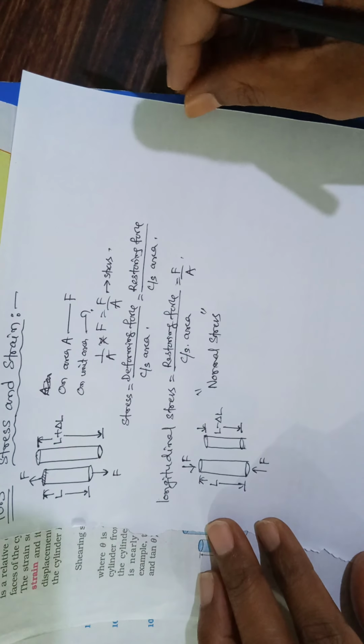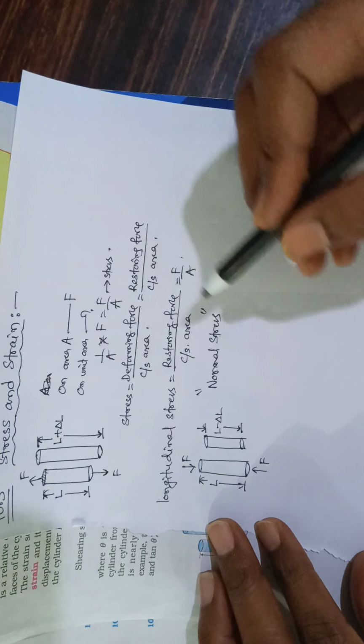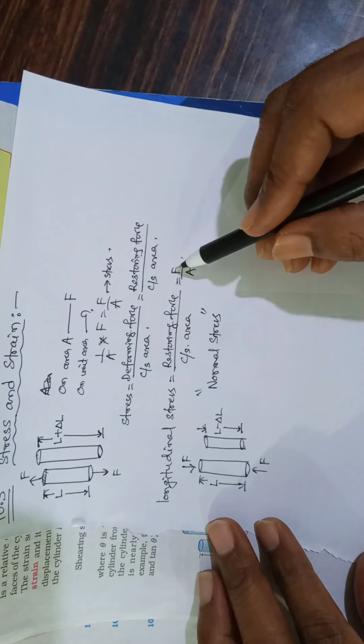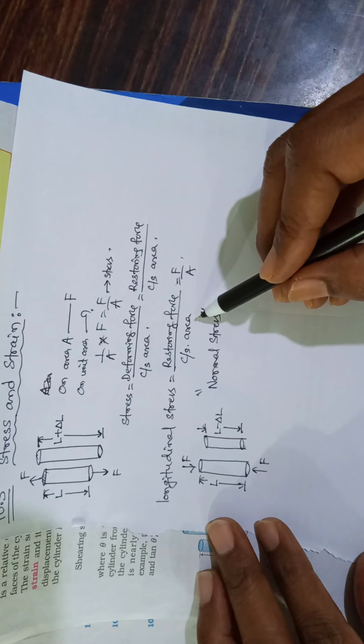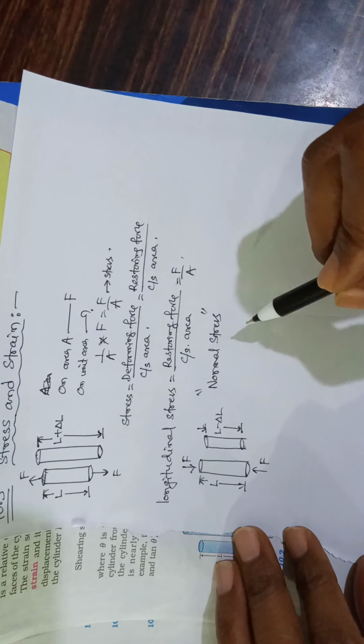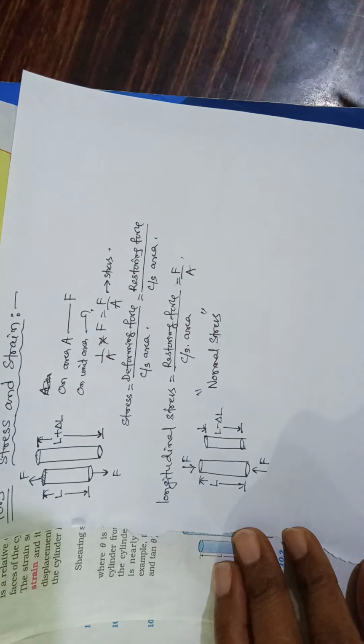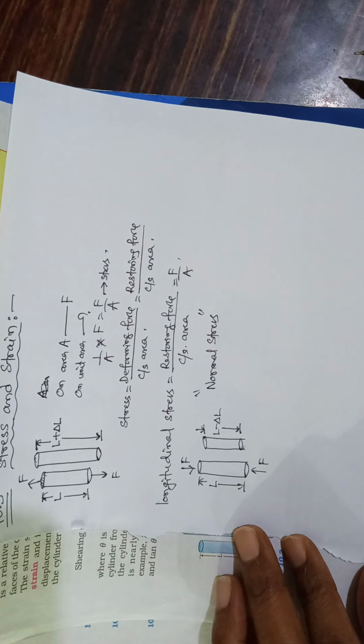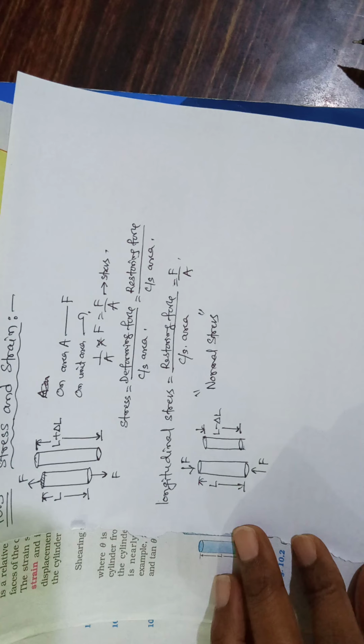Okay. Now you defined the longitudinal stress and you gave an equation also. Force by cross-sectional area gives longitudinal stress here. Now let us consider strain. By applying force, what is happening? Its length is changed.